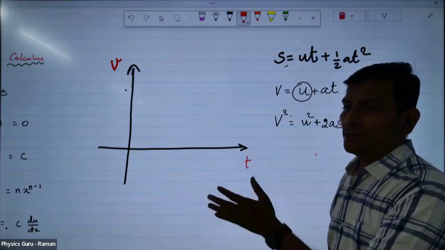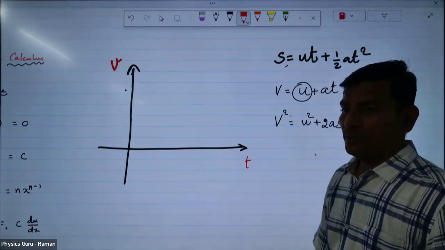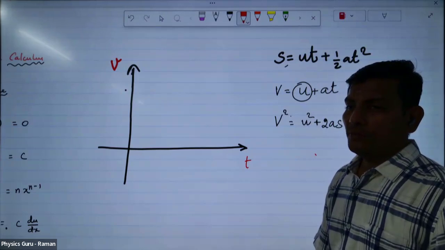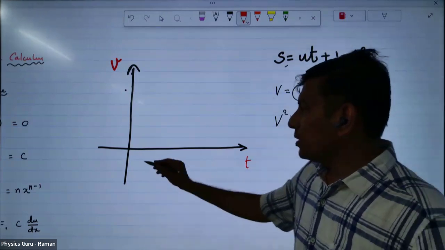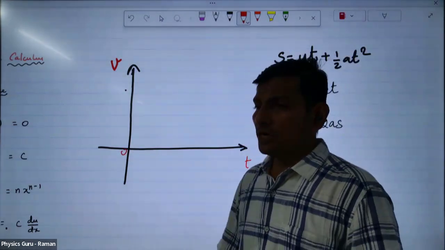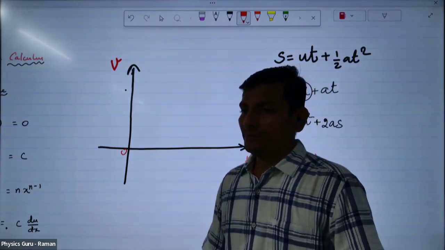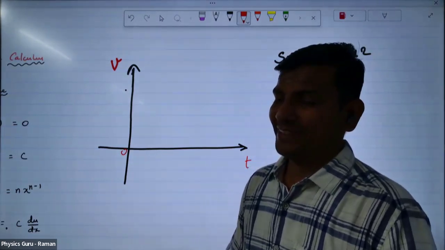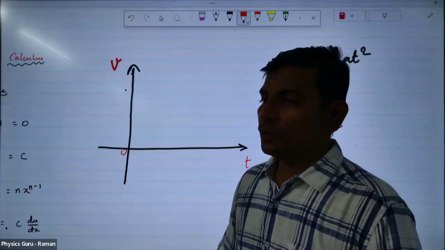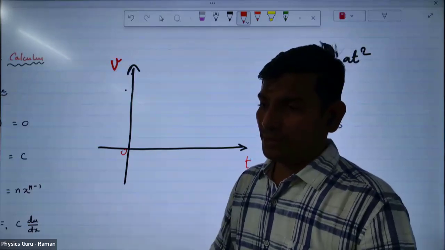Can I start this graph with zero velocity from the origin? No, sir. We cannot start there, so the graph must start somewhere else.